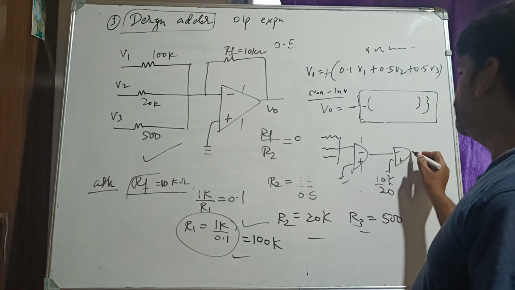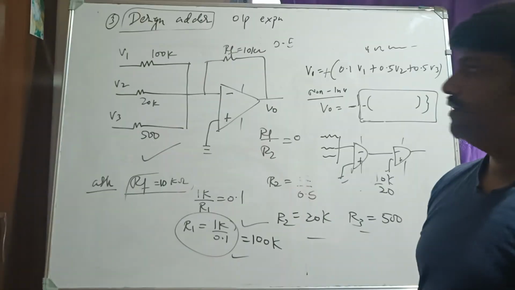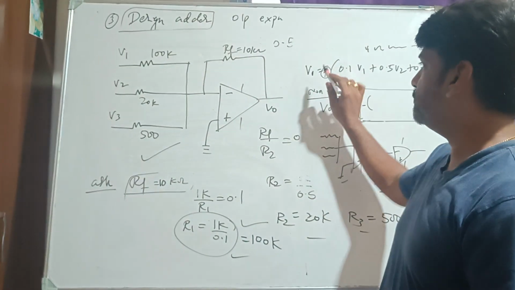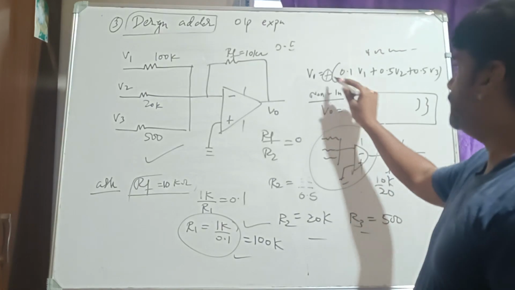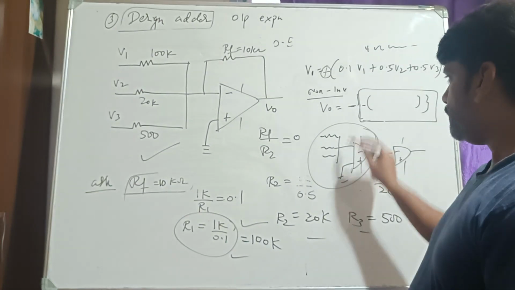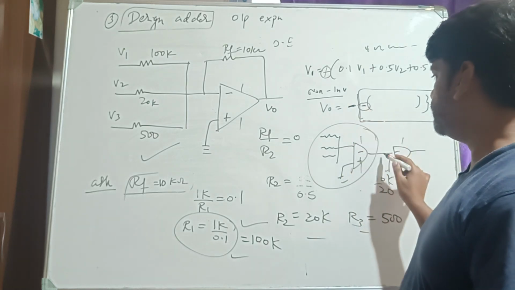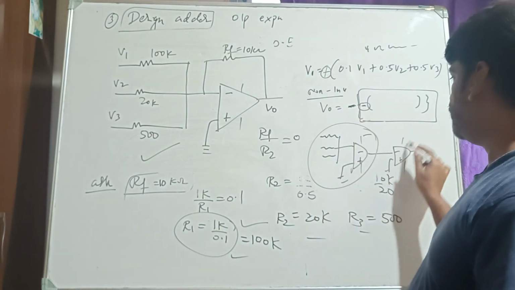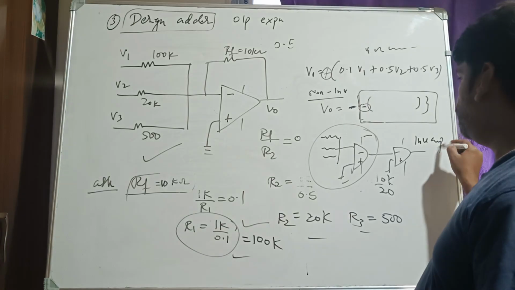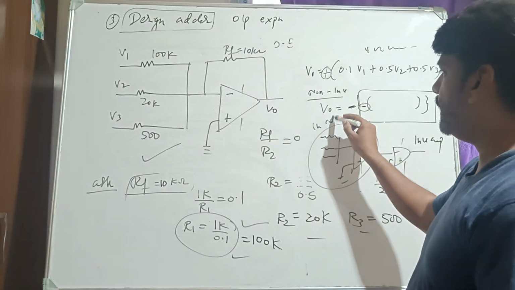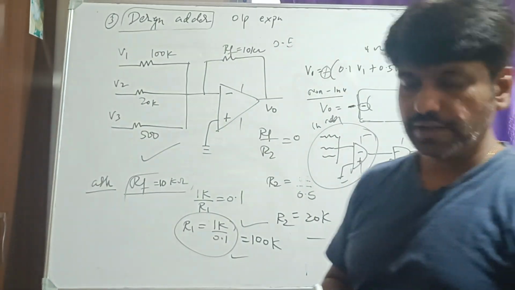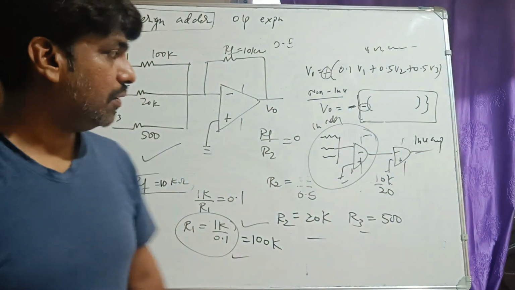That is the meaning of that. If it is plus, you can use minus and minus: one minus is for the inverting adder and the other minus is for the inverting amplifier. So here 2 stages come into the picture, the inverting adder and the inverting amplifier. This is how we should solve this problem.